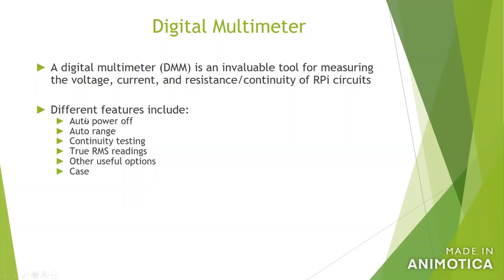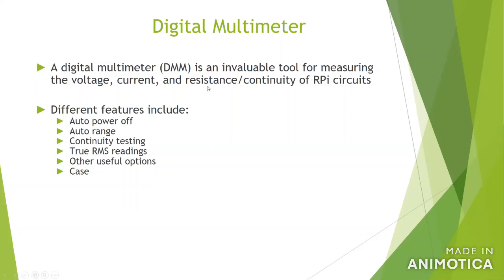These are some features of a multimeter. Usually digital multimeters have auto power off and auto range. You don't need to select the range, because when you measure the resistance of a resistor, usually you have to let the multimeter know the measuring range.